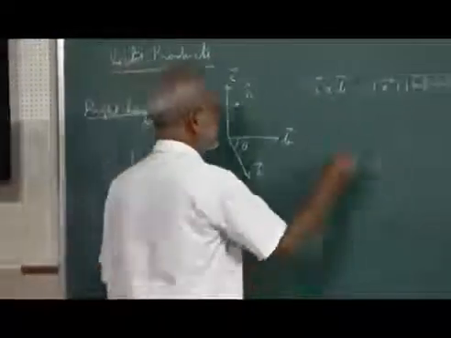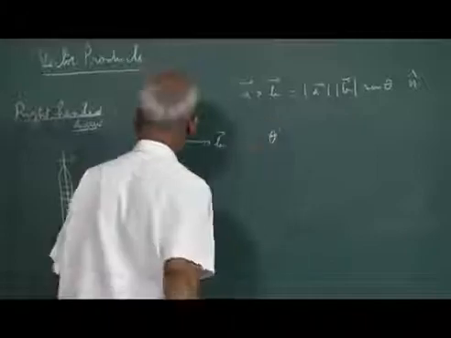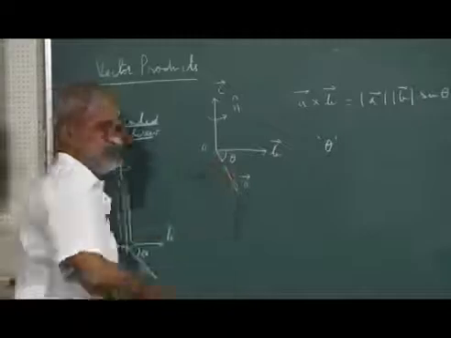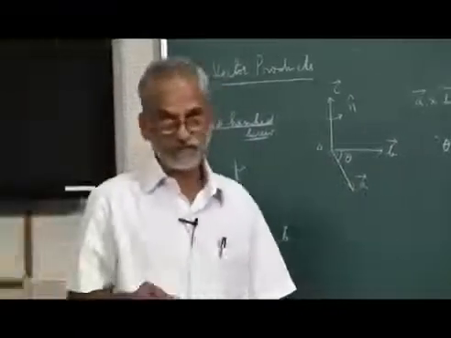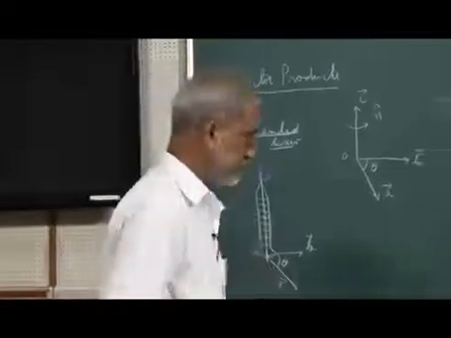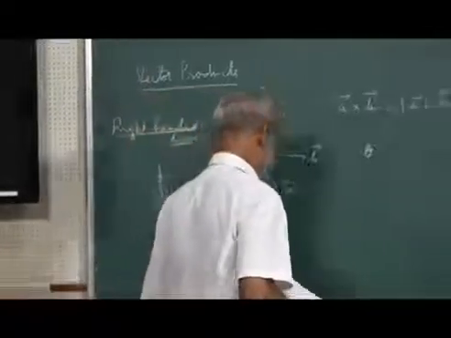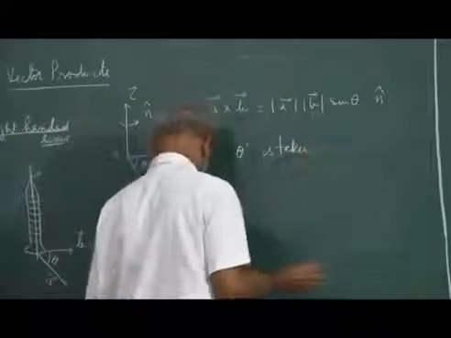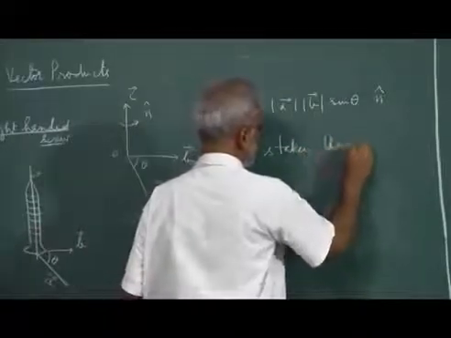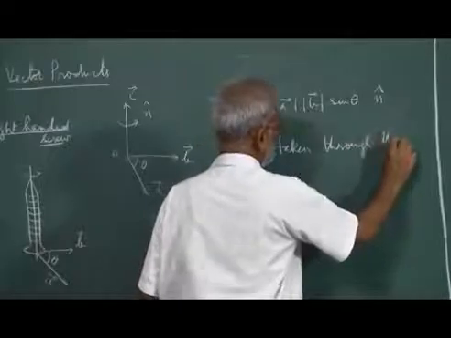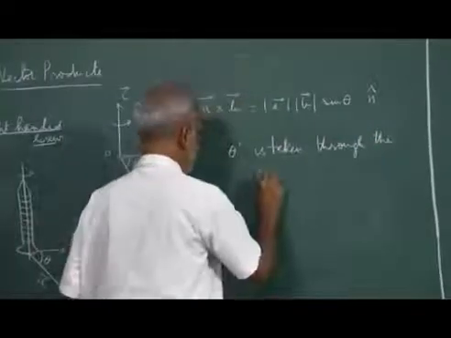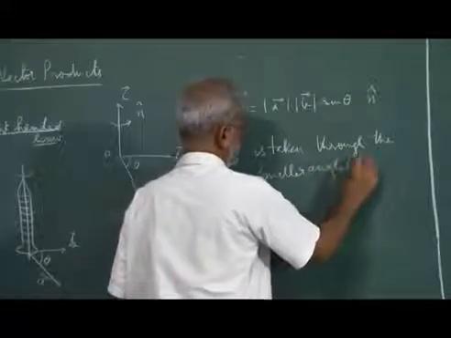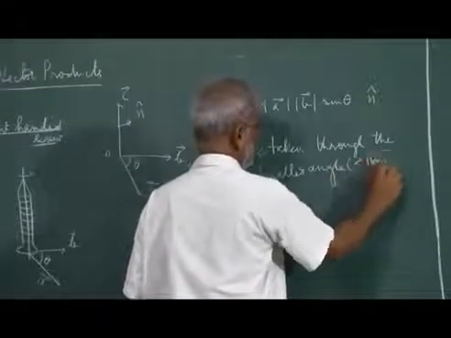Now how do you take this angle theta, sir? How do you take this theta? Now depending on the angle between A and B, theta can be less than 180 degrees or theta can be greater than 180 degrees. The convention is theta is taken through the smaller angle which is less than 180 degrees.